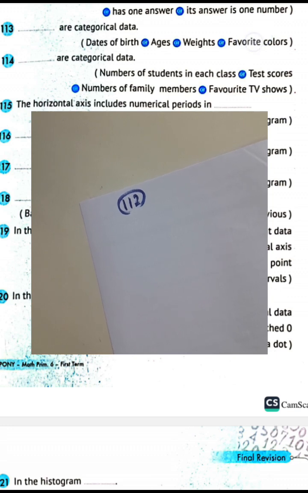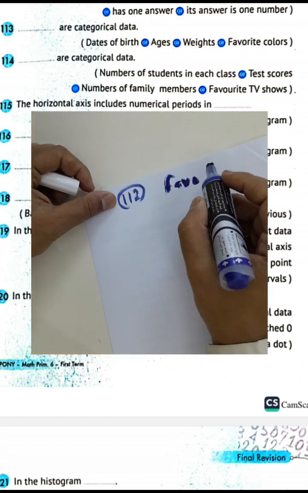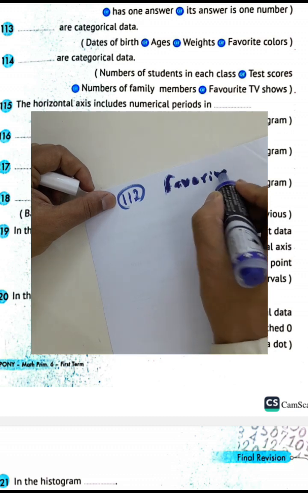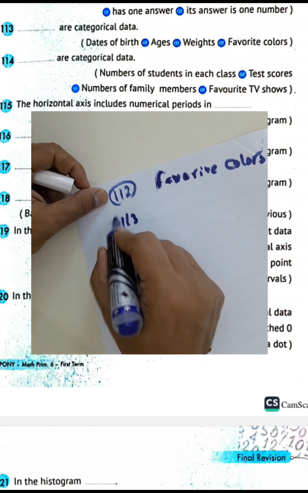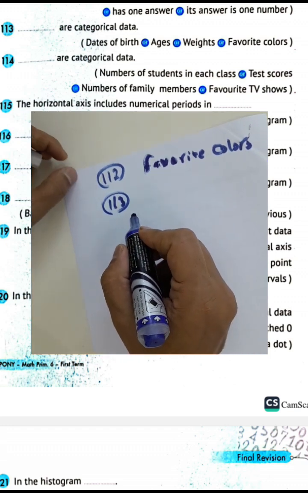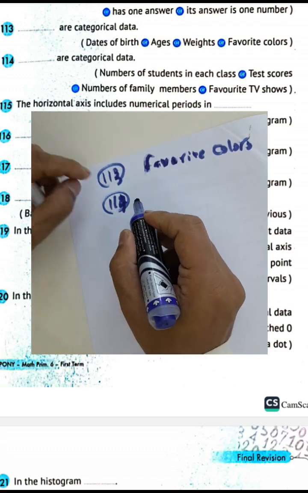Choose favorite colors. Question 113, favorite colors.